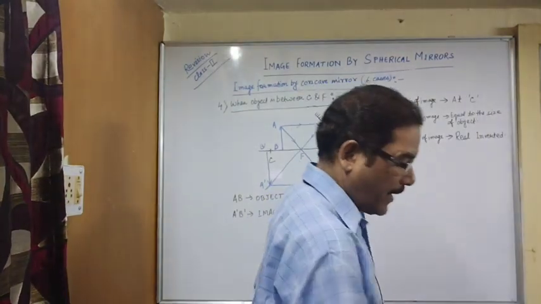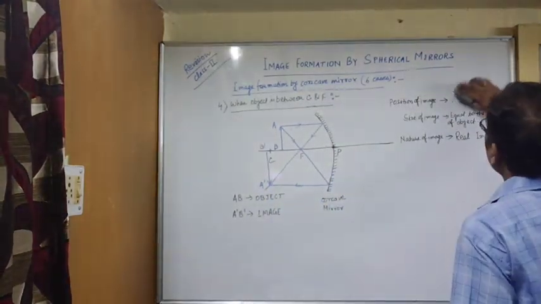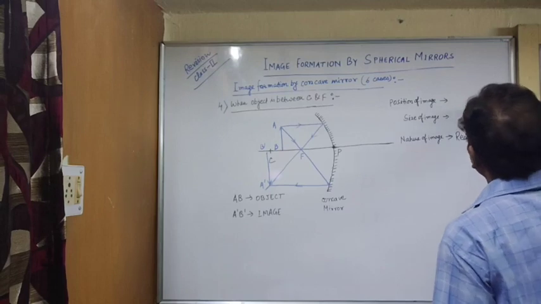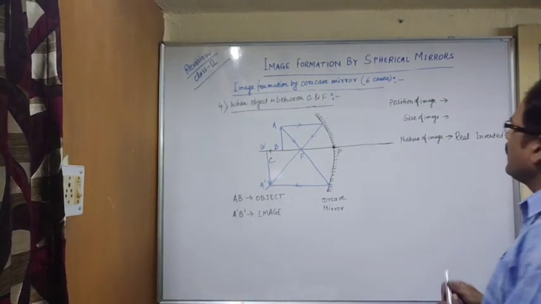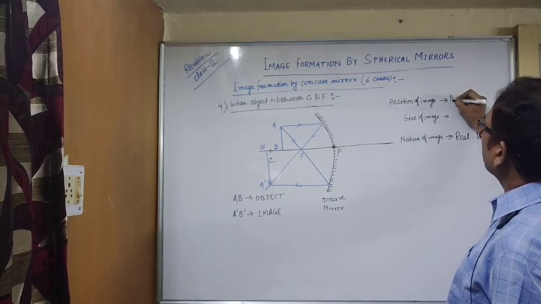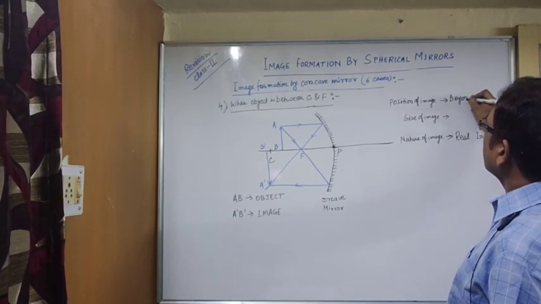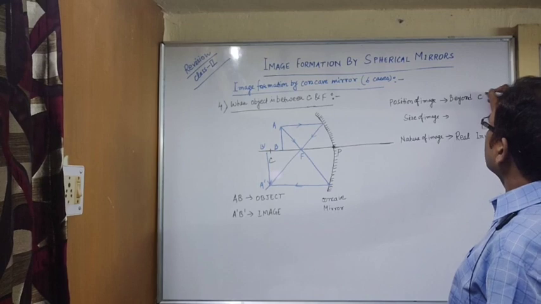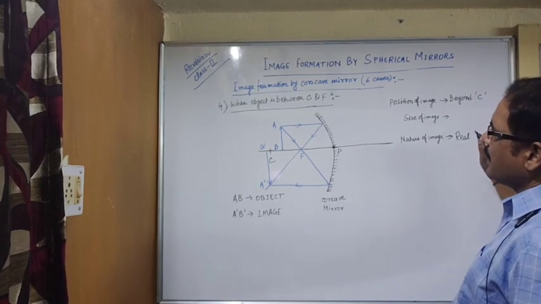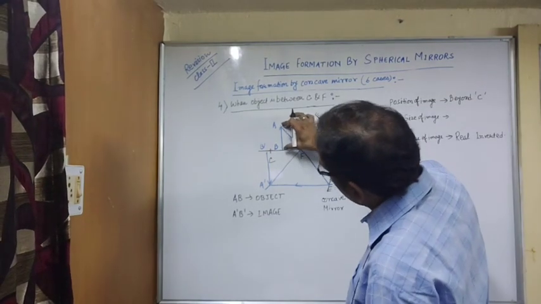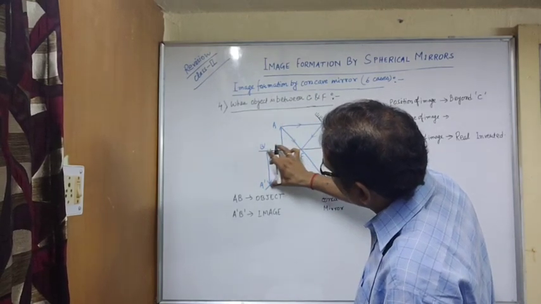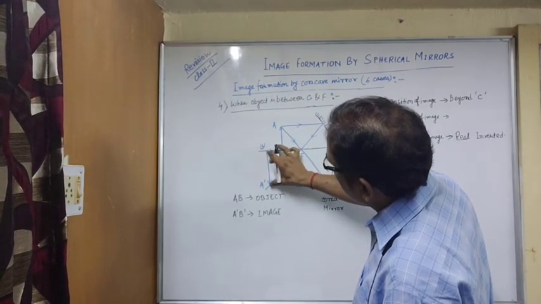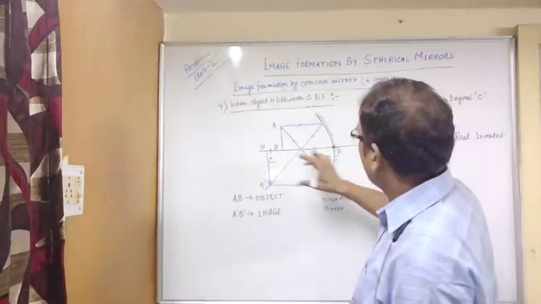So again we have to write position of image and size of image. Position of image will be beyond C this time, beyond center of curvature. And what is the size? You see, this is the height or size of object, and in comparison to this, the size of image is bigger.